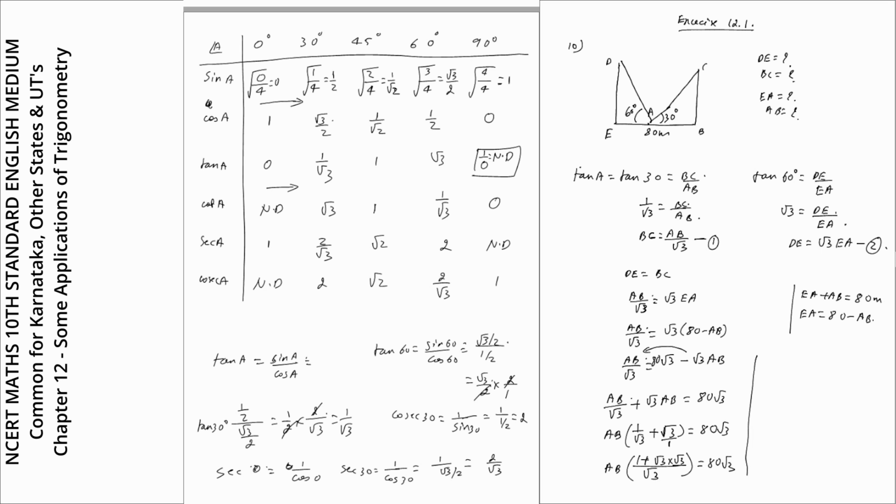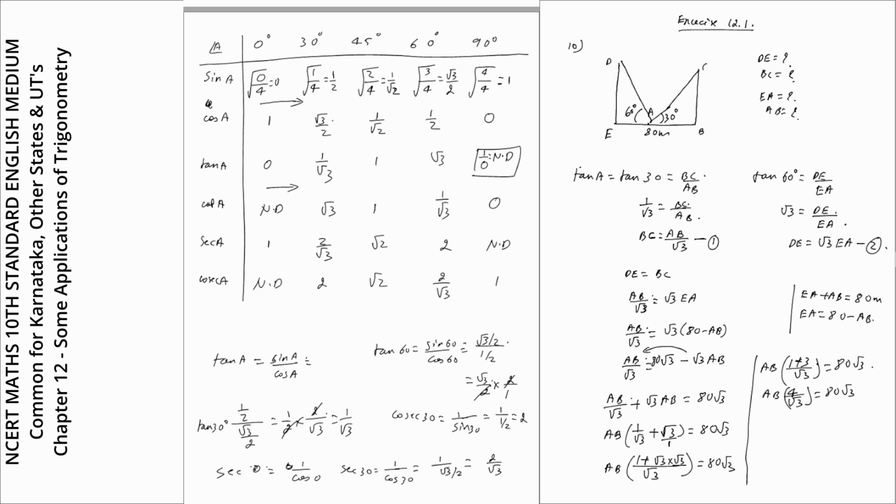Now 1 plus root 3 into root 3 is just 1 plus 3, so AB into 4 by root 3 is equal to 80 root 3.